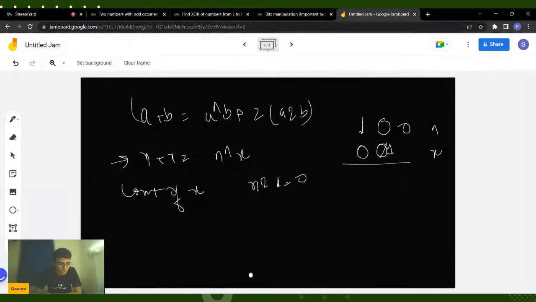Since if it is 1 in n, then for our x it is fixed that it will be 0.